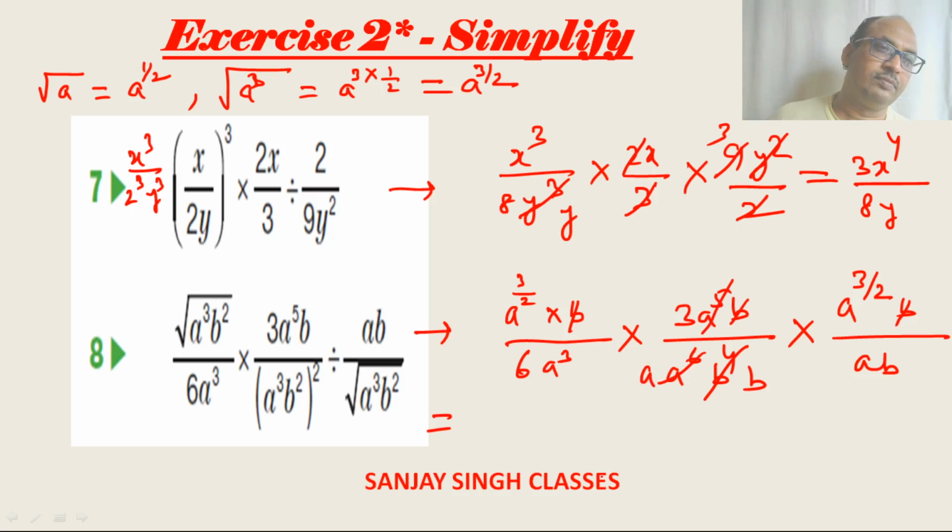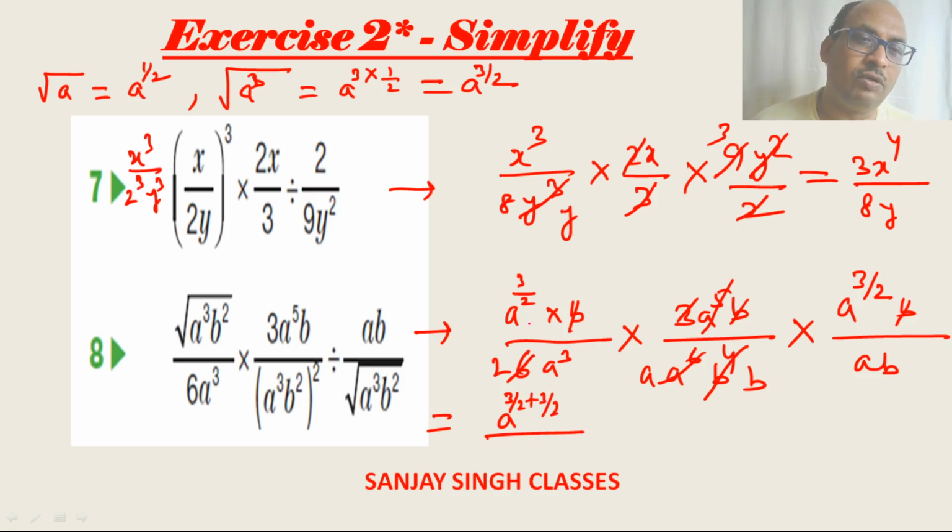Okay. Then this 3 will cancel this as 2. Right. So now what we have got in the numerator part is a to the power 3 by 2 into a to the power 3 by 2, which will give us, as per the law of indices, a to the power 3 by 2 plus 3 by 2, divided by 2 a cube into a to the power 4 into a to the power 5.